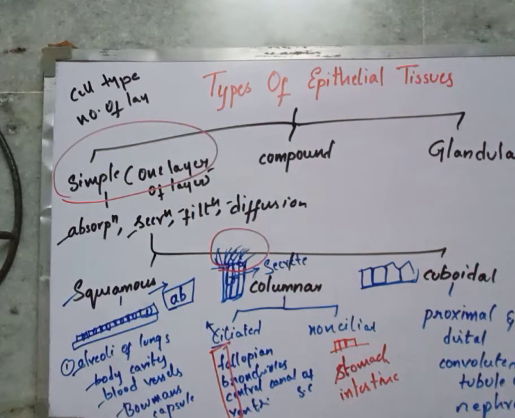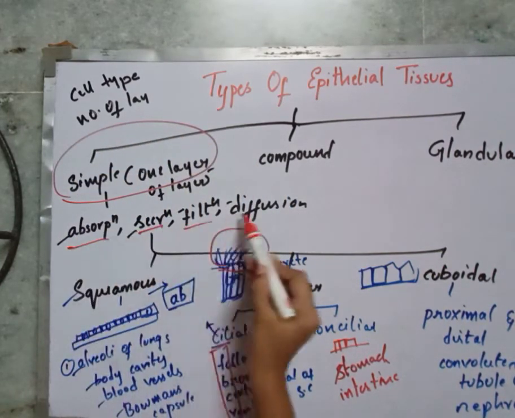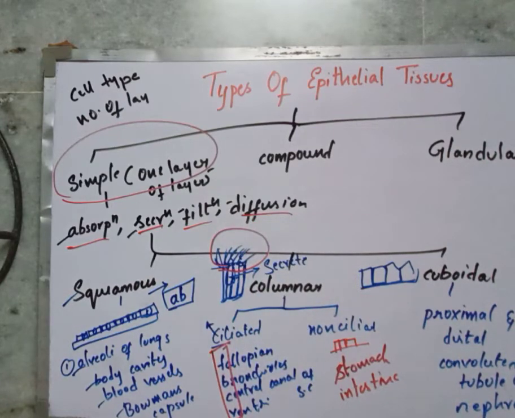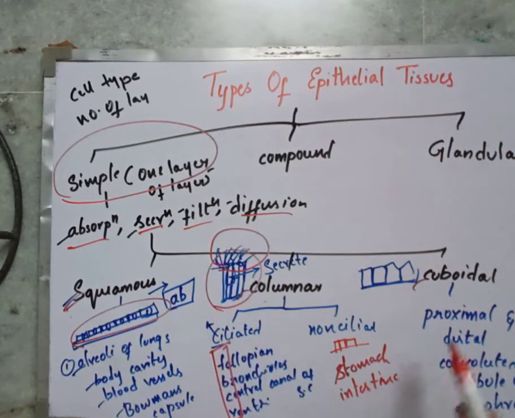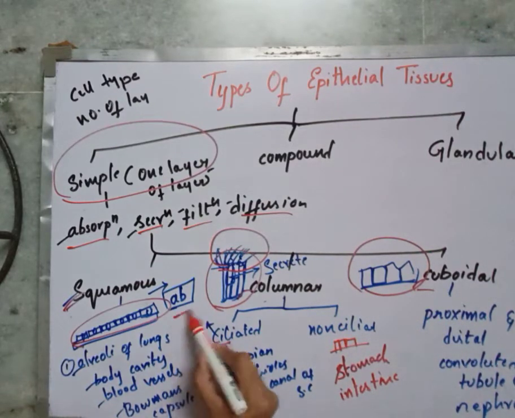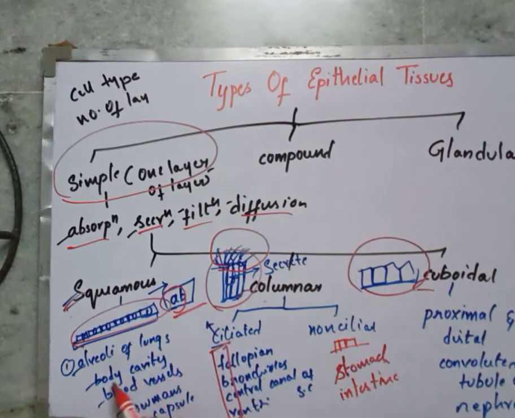So simple epithelium functions are absorption, secretion, filtration and diffusion, and based on the types of cells they are classified into three types: simple squamous epithelium, simple columnar epithelium and simple cuboidal epithelium. Squamous epithelium contains one layer of cells, but the cells look like tiles. In columnar epithelium the cells look like tall structures, and in cuboidal the cells look like cubes. The examples are AB, which is nothing but alveoli of lungs, body cavity, blood vessels and Bowman's capsule.